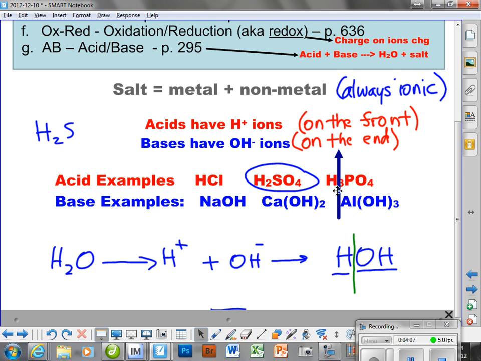And so even with water, you can see hydroxide on the end, although this is not a base. Sometimes we write water so it looks sort of like a base.